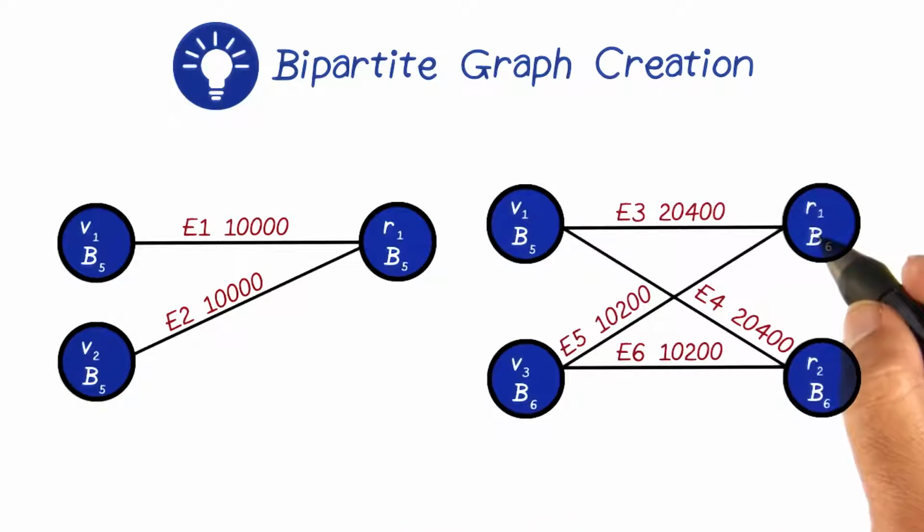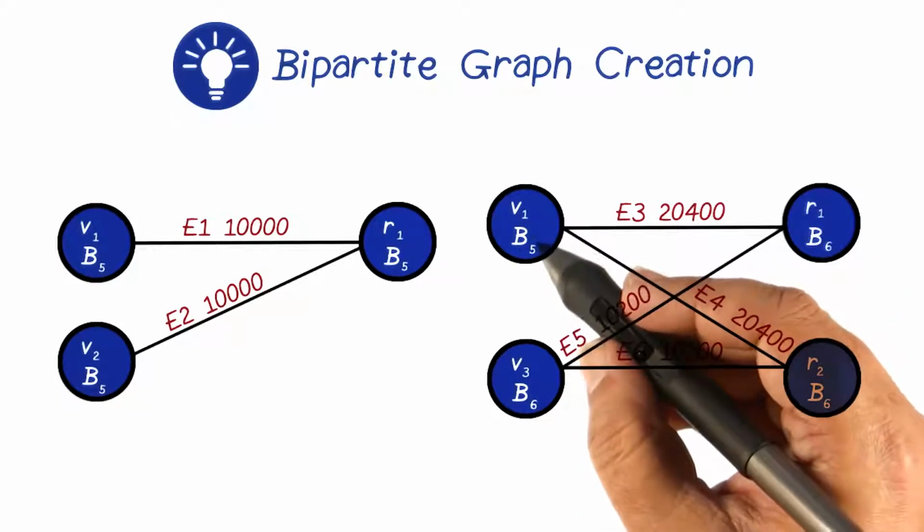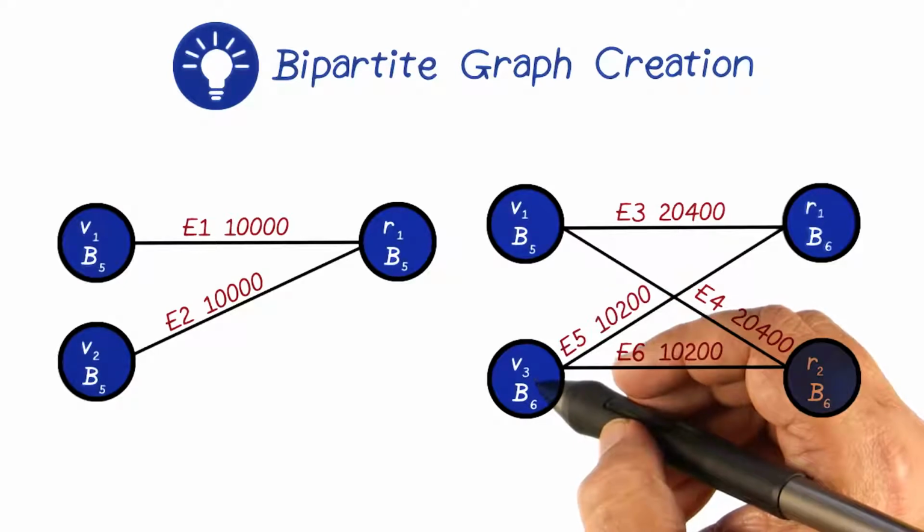Now the bipartite graph can get complex because now we are considering the whole region, not just a single variable in a single basic block or multiple variables in a single basic block. So in this example, we have two basic blocks which are adjacent to each other, B5 and B6. The first basic block has V1 as a spill variable. The second basic block has V3 as the second spill variable.